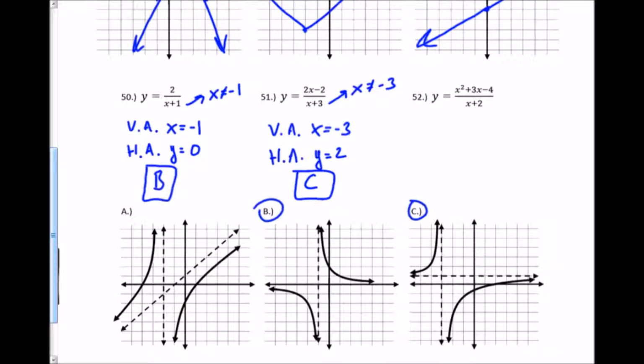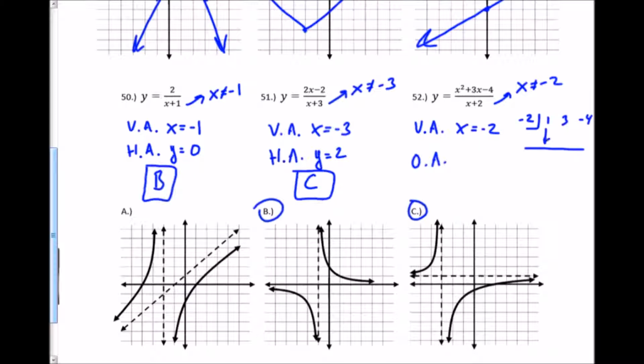And then this last one, in terms of vertical asymptotes, I'm going to have one at x equals negative 2. And that's going to happen because, again, there's a domain restriction here that's not going to get canceled out. This one has an oblique asymptote because the degree of the numerator is larger. And I can find that by doing synthetic division.